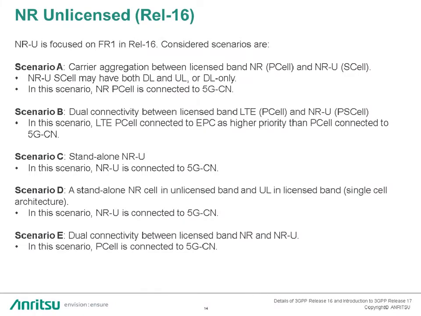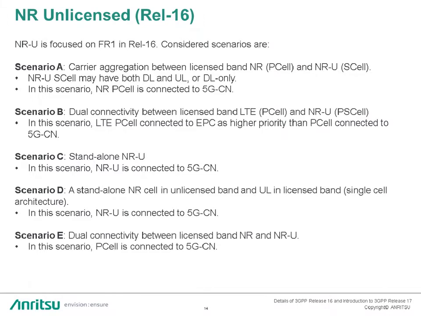Moving on to the third pillar of 5G, it is based on NR unlicensed. So NR unlicensed is primarily focused in FR1 and Release 16, and the key reason for having NR unlicensed is to maximize the advantage of 5G by deploying it in maximum possible area of spectrum.